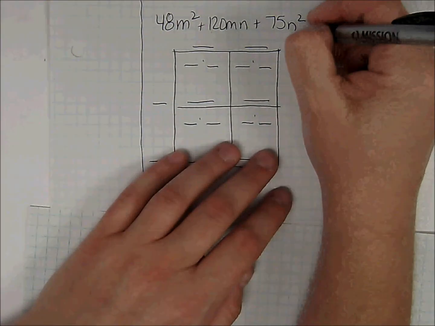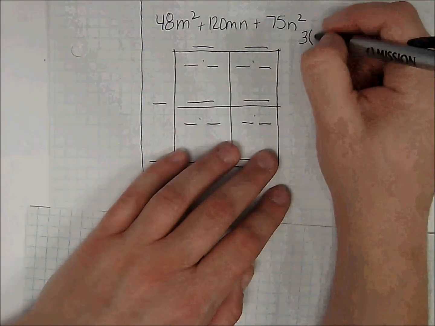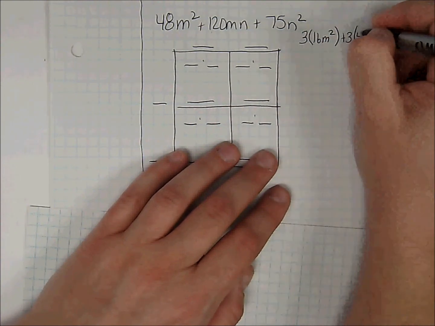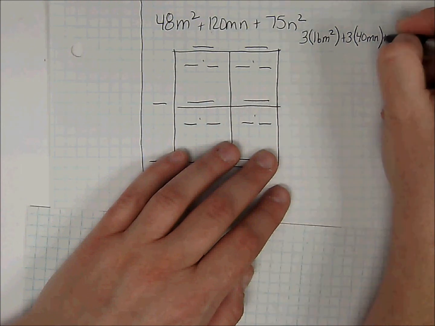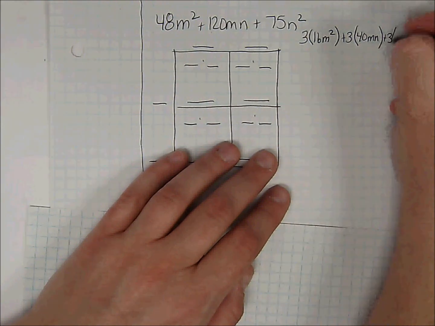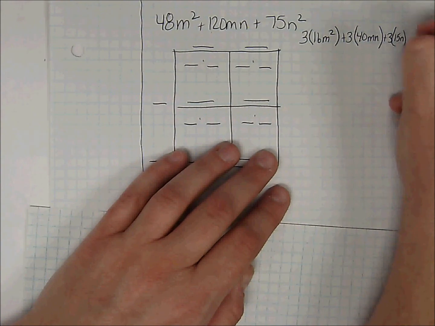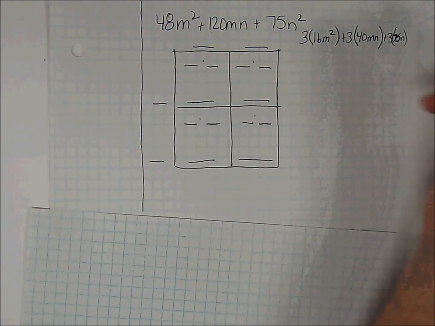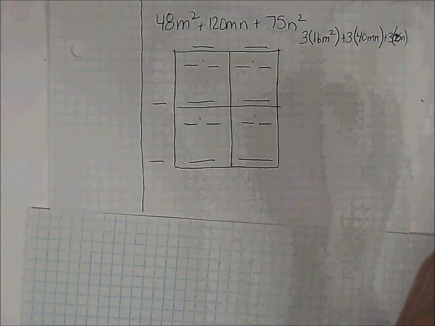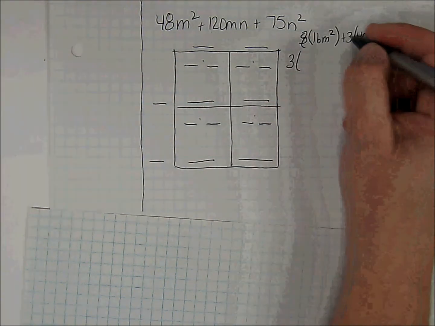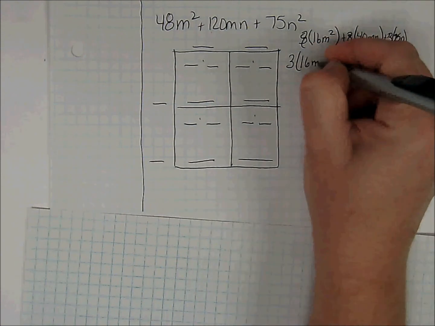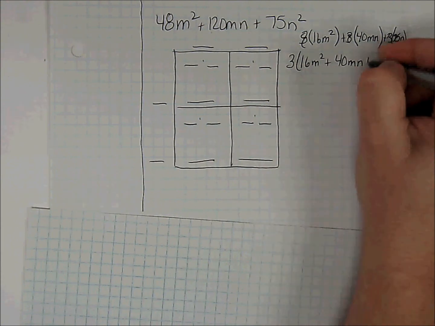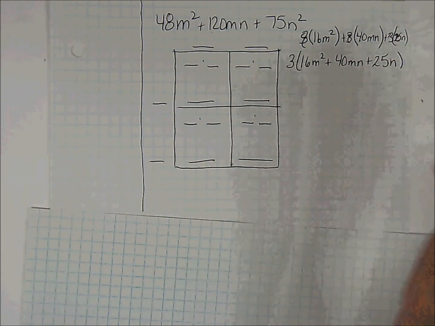Okay, so let's try 3. 3 times 16m squared plus 3 times 40mn plus 3 times, running out of room here, 15n, take that back, 25n gives us what we're looking for. So I'm going to set the 3 aside, and I've got 16m squared plus 40mn plus 25n.